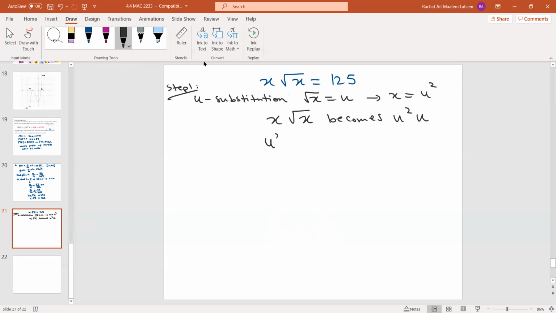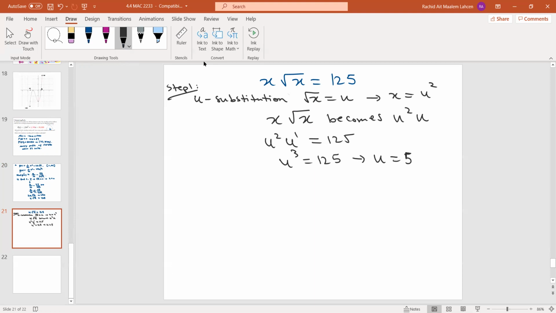Let's do it here. Equal 125. Of course, that's u cubed equals 125. And that makes it kind of easy to see and solve, which means u is 5, right?